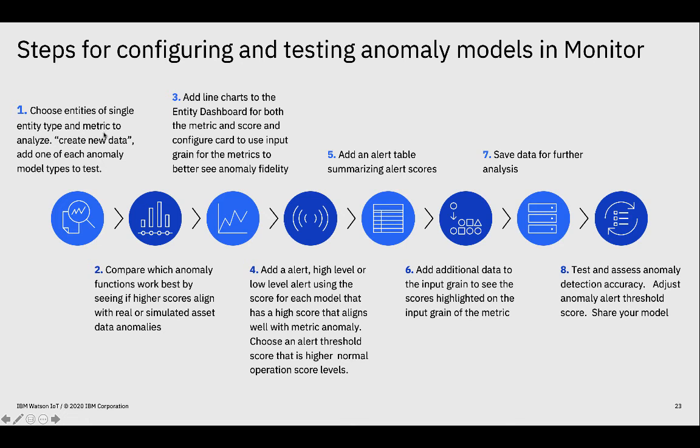I will show how to do that as part of that alert table, which is a nice functionality. It'll create a service request in Maximo. Finally, if I need the data to do that analysis as part of that service request, I can save the data from the card into a CSV file. So we'll show how to do that piece as well.